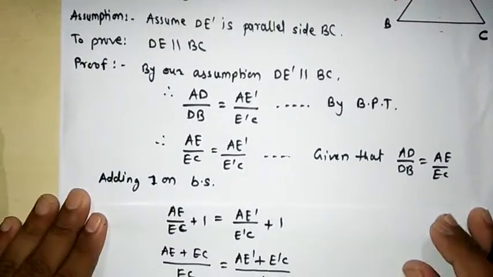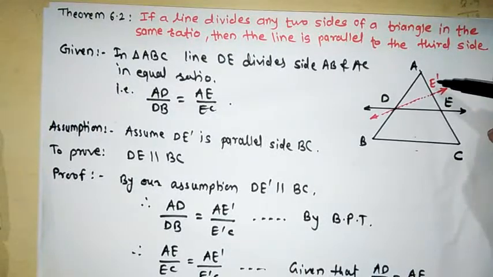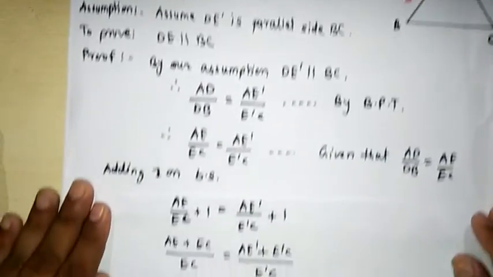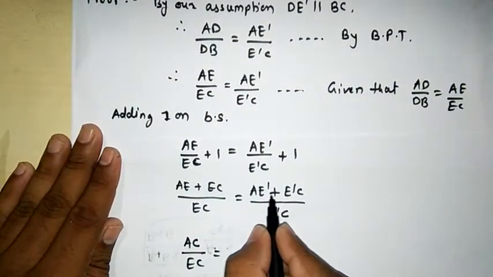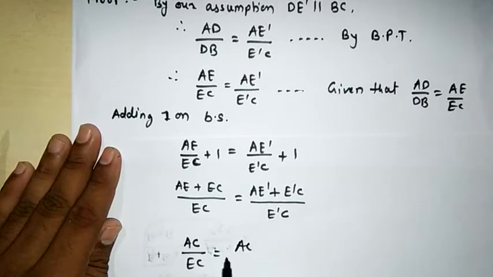So we will get AC divided by EC as it is, which is equal to AE dash plus E dash C, which can also be written as AC, divided by E dash C as it is. Now this AC gets cancelled. What will remain here? Therefore, EC is equal to E dash C.